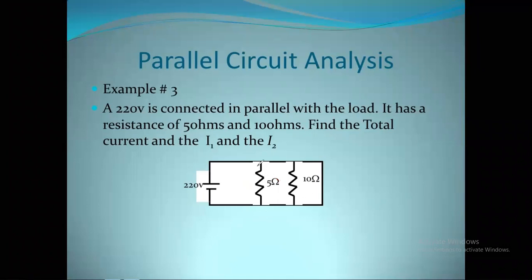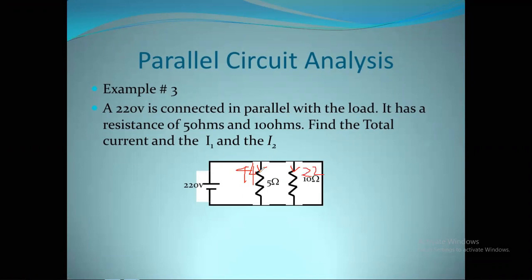We know that here the current is 220 divided by 5, which is 44 amps. Here the current is 44 amps. Here the current is how much, children? It's 22 amps.